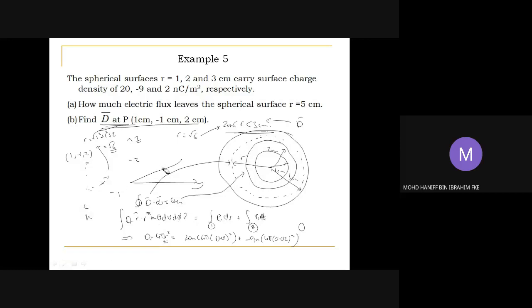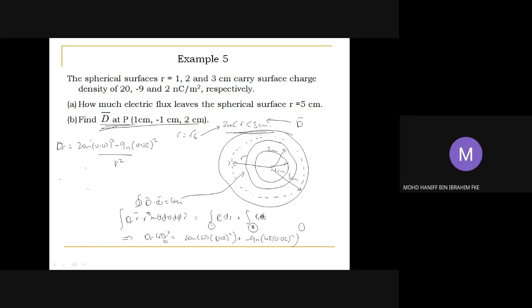So I need to erase this part. Okay then. So we're going to have a dr. The 4 pi can be cancelled out straight away. So 20 nano times 0.01 squared minus 9 nano times 0.02 squared, divided by r squared.